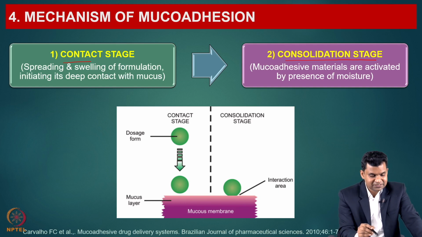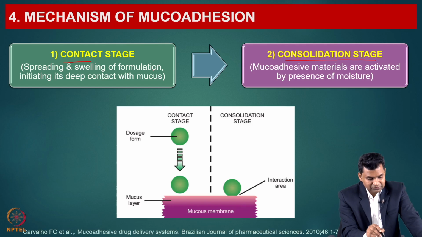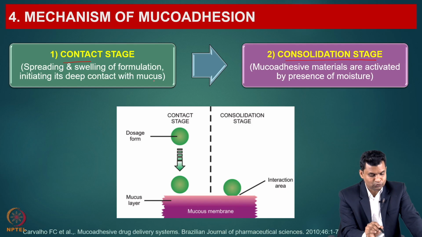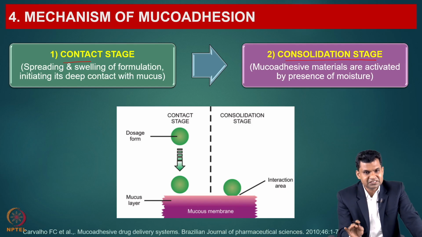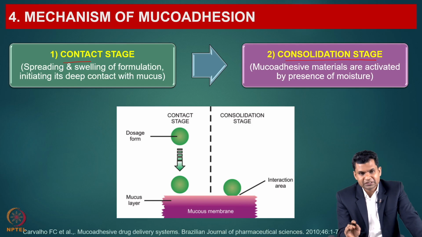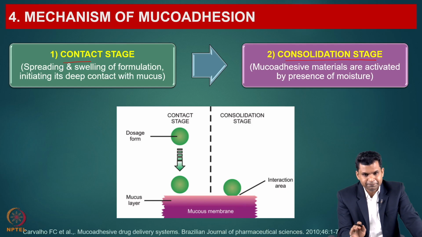The contact stage is nothing but spreading and swelling of the formulation, initiating deep contact with the mucus. So, this is a primary stage. This happens during the administration or attachment of your dosage form to the mucus, right.